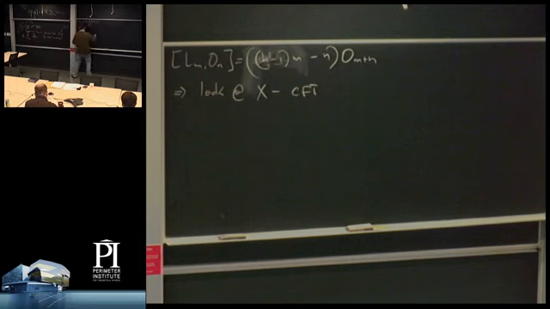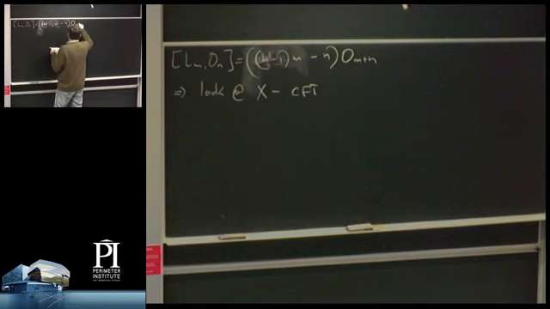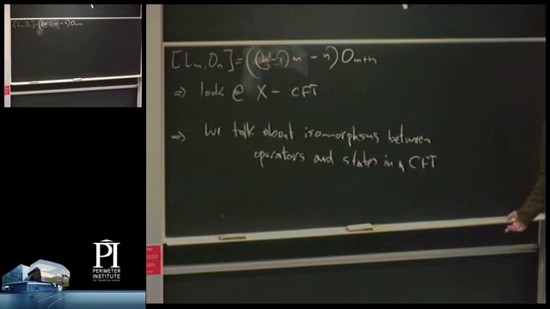I'll just give you the answer. So this was [L_m, O_n] equals (m(h-1) minus n) O_(m+n). What I want to emphasize is that this is a very, very general approach, and it works always whenever we're talking about holomorphic or anti-holomorphic operators.